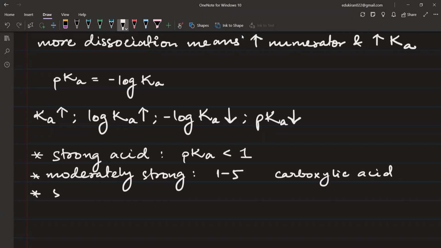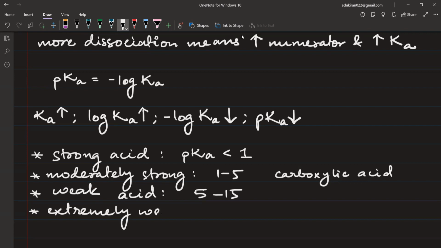Next point: if it is between 5 to 15, it is a weak acid. And if it is extremely weak, it will have a pKa of more than 15. So please write this down.